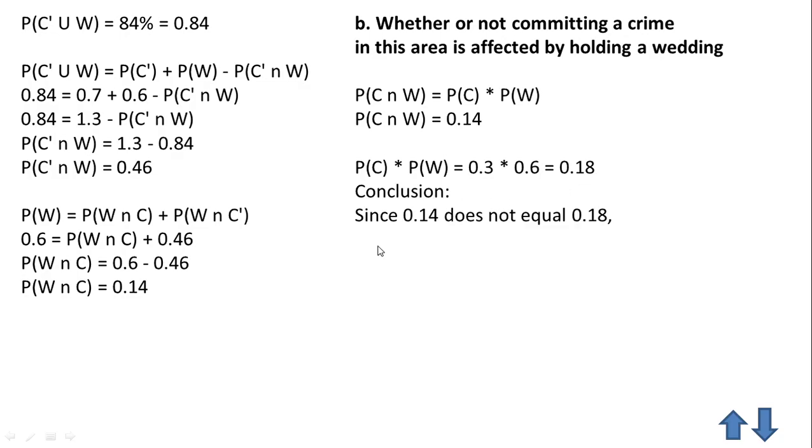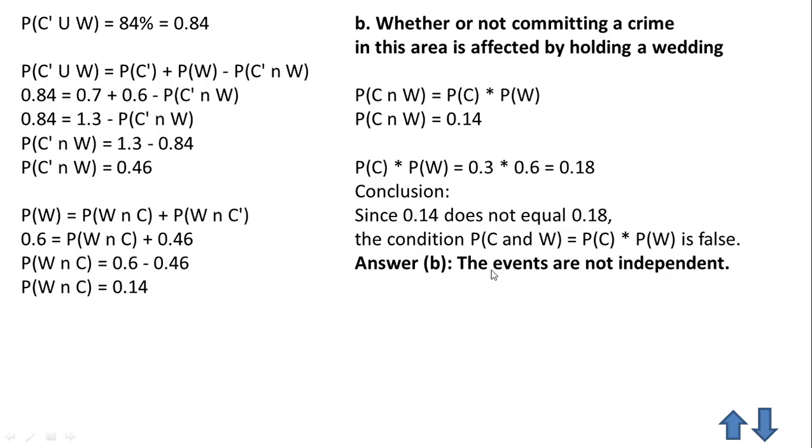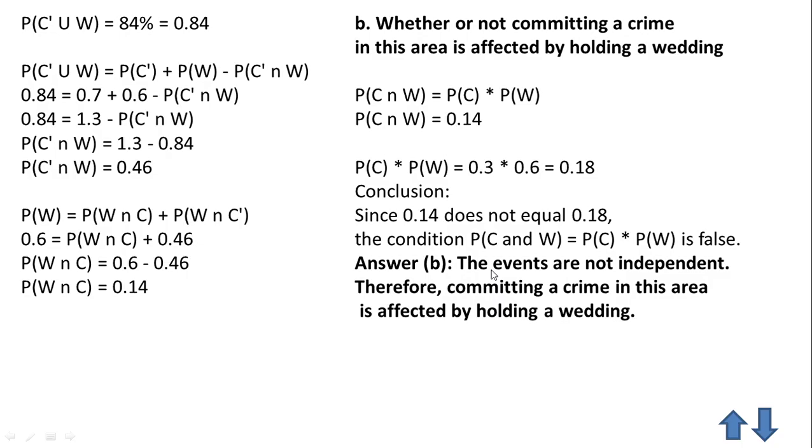So the conclusion is, since 0.14 does not equal 0.18, the condition is false. The answer is the events are not independent. Therefore, committing a crime in the area is affected by holding a wedding.